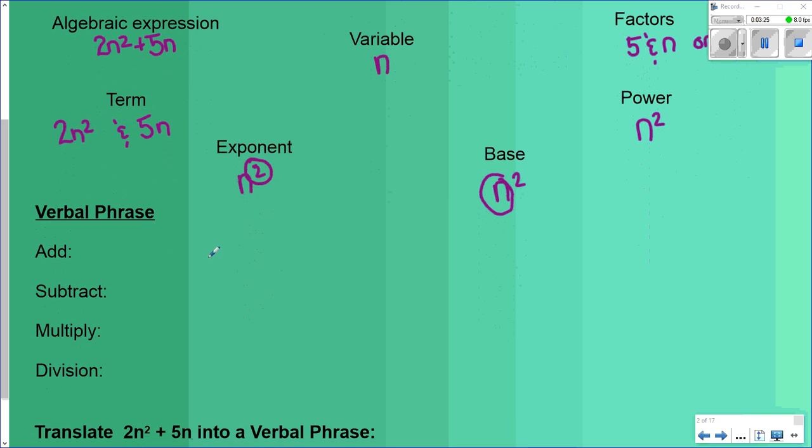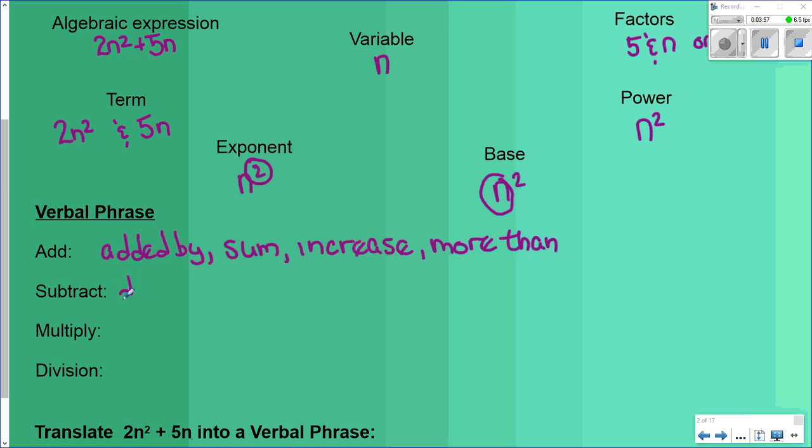We also worked on verbal phrases, so translating words into operations. So for addition, you have words like added by, sum, increase, more than. Those are a few examples.